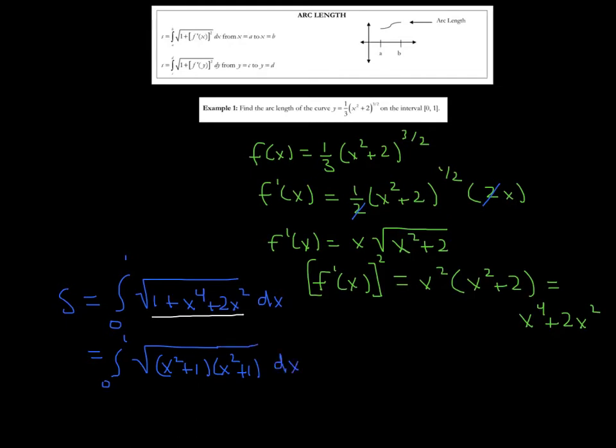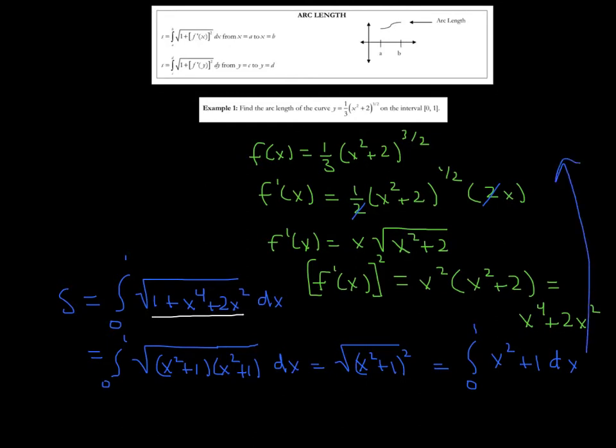And that's going to end up giving us the square root of x squared plus 1 quantity squared. Well, the square root of something squared is just the thing being squared. So that's going to end up giving us simply the integral from 0 to 1 of x squared plus 1 dx.